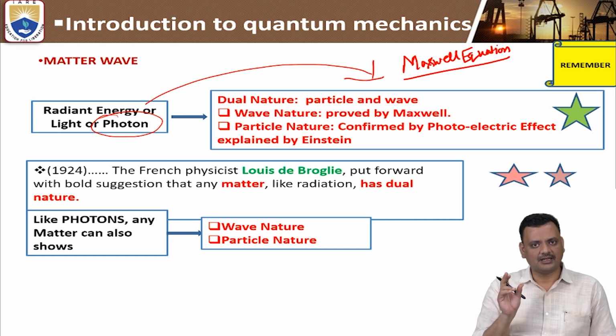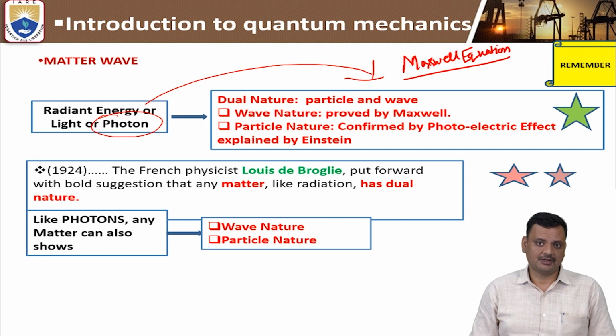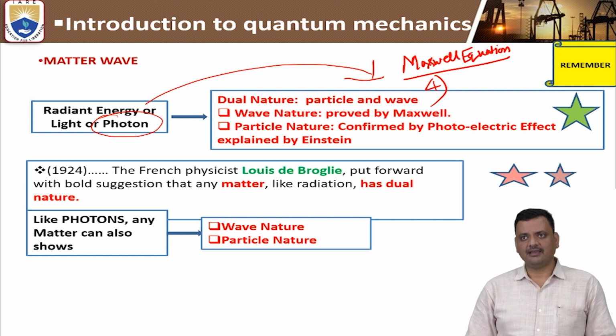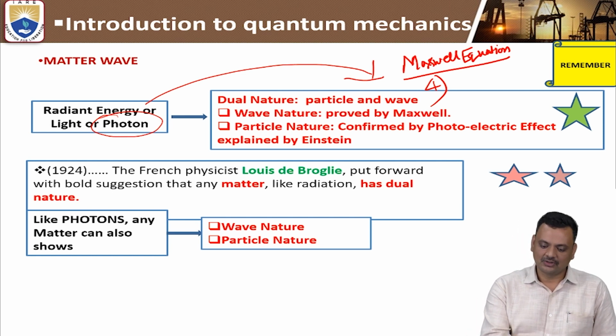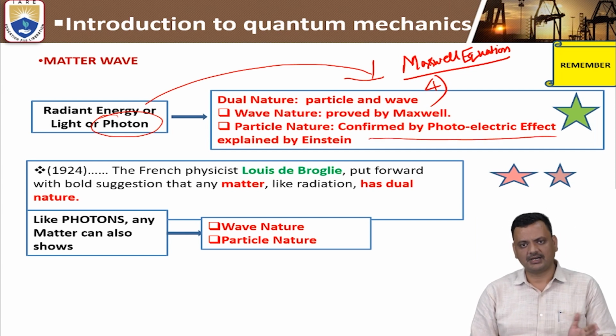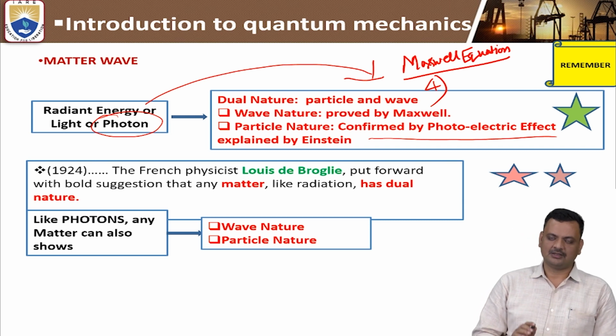So what did he try? He tried to prove that any electromagnetic energy will behave like a wave. That wave is governed by Maxwell's law, and it is popular as the Maxwell equations, 4 equations they gave at that time. And also, with the help of the photoelectric effect, Albert Einstein tried to prove that any radiant energy also behaves like a particle.